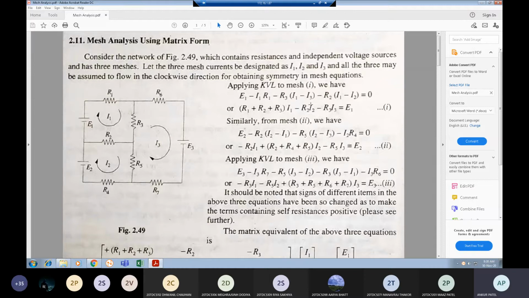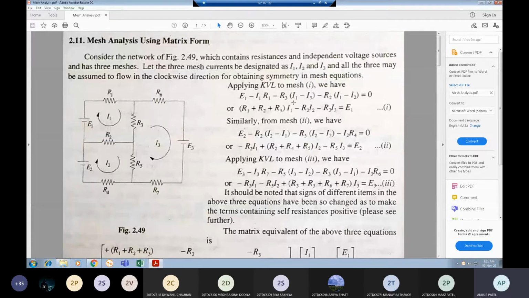Are you getting it for R3? Yes, sir. Okay, minus I1 R1 minus R3 in bracket I1 minus I3. Same for R2: we have two currents, I1 and then I2. So minus R2 in bracket I1 minus I2. So this is for the first mesh, first loop, equal to 0.